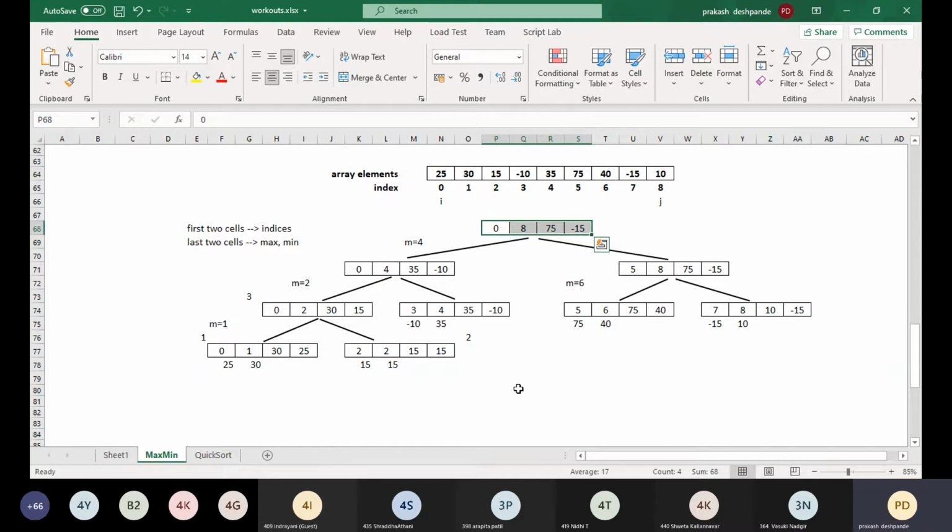When you are writing in the exam, you need not write the max and min over here. When you start writing, first keep on filling the first two numbers, like 0, 8, then have the m value calculated here, then 0, 4, 5, 8. So proceed until you reach the last position.